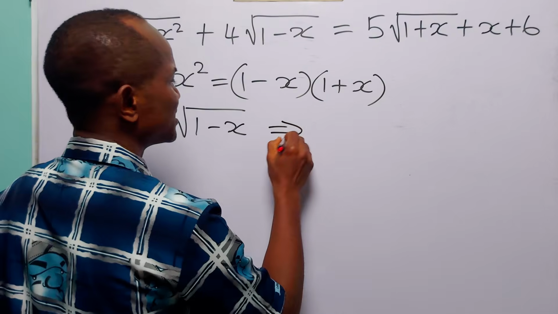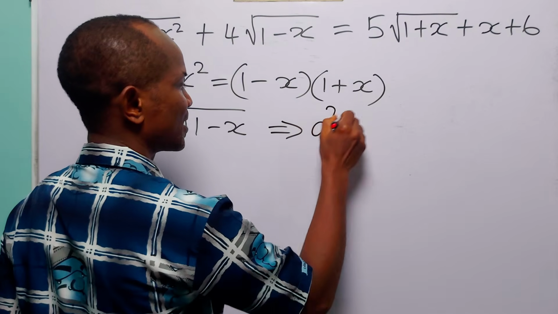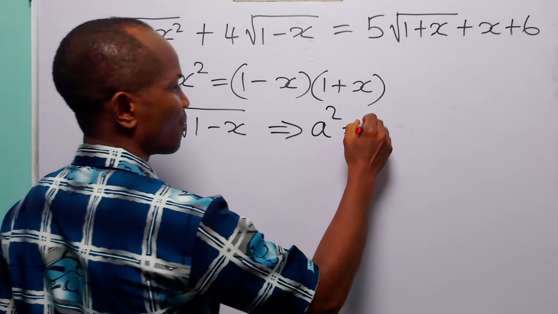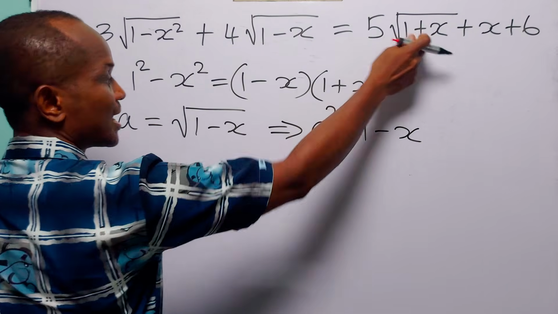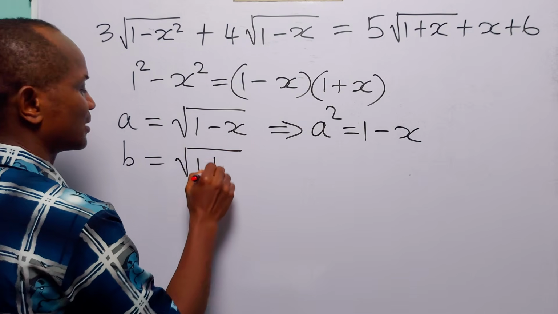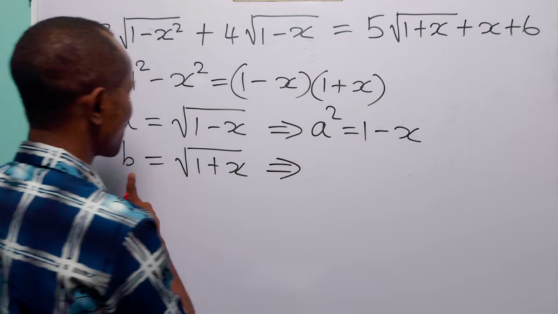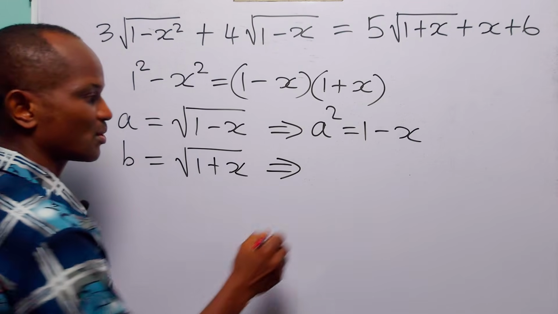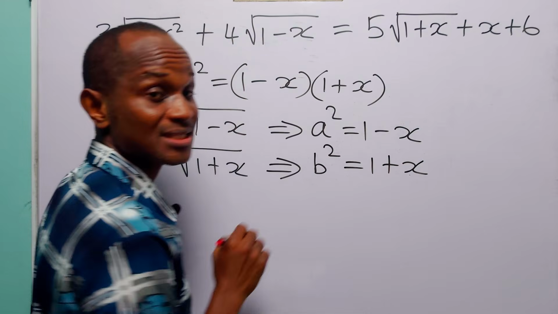Now, you know that when we square both sides of this equation, we have that a squared is equal to 1 minus x. In the same way, let b be equal to the square root of 1 plus x. Likewise, when we square both sides of this equation, we have that b squared is equal to 1 plus x.